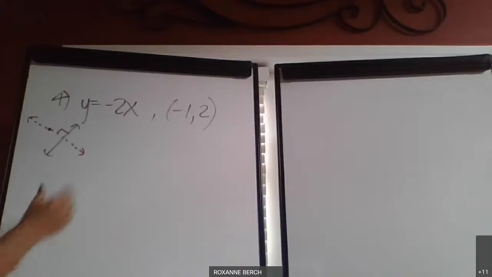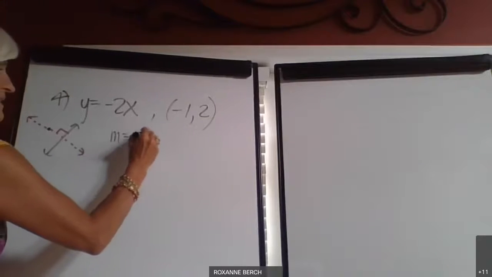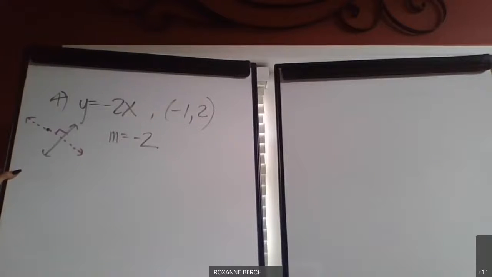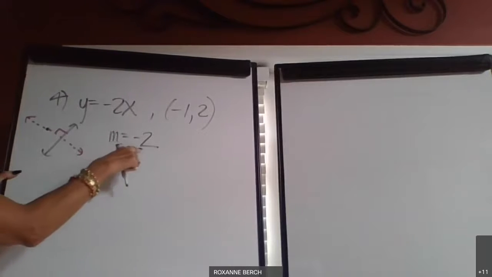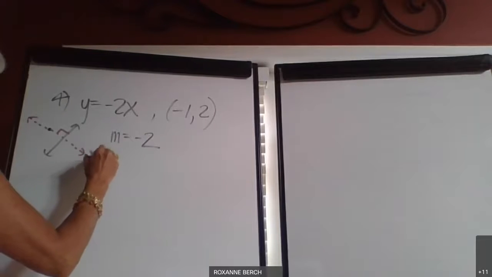So this is the black line, so we need to know its slope. Since it's in slope-intercept form, we know the slope is negative 2, because this is negative 2x plus 0, right? So if the slope is negative 2, we need a new slope, because the line is perpendicular.